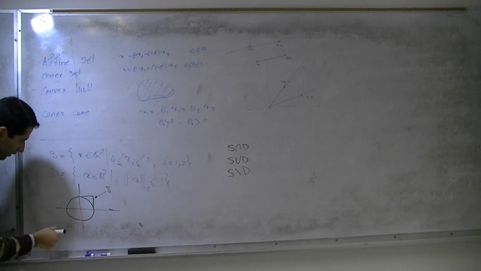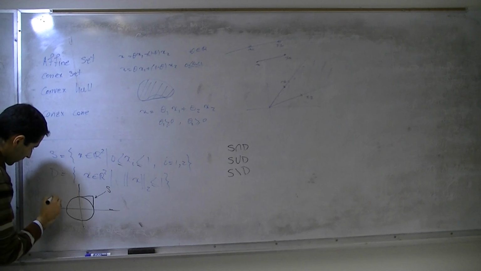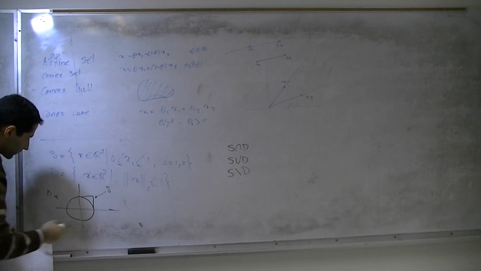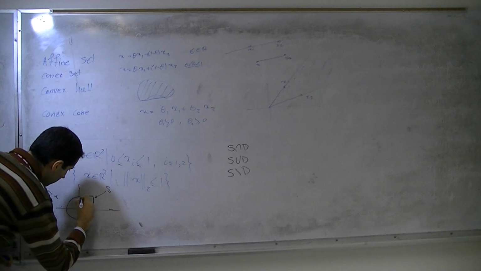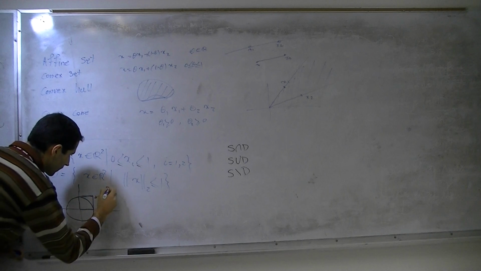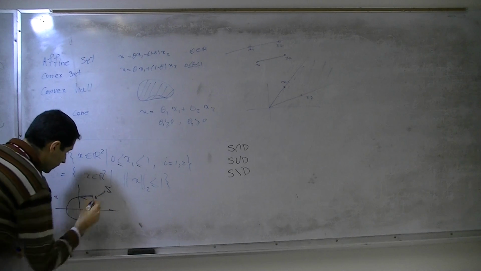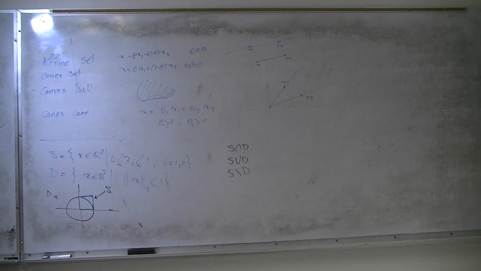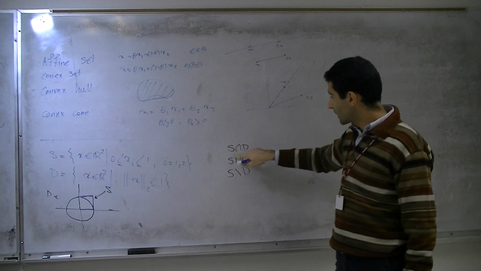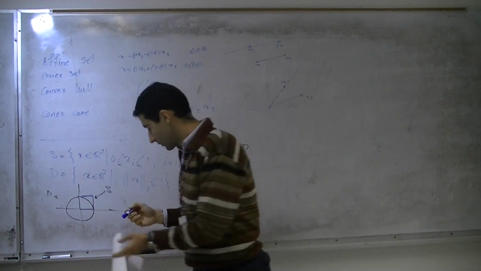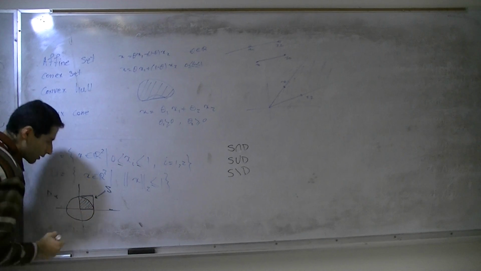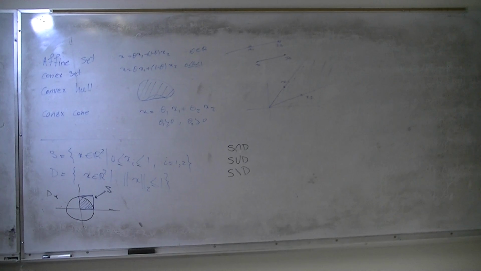Okay, this one is D, and this one is S. Here the intersection of S and D is this area, and you can see this area is convex.